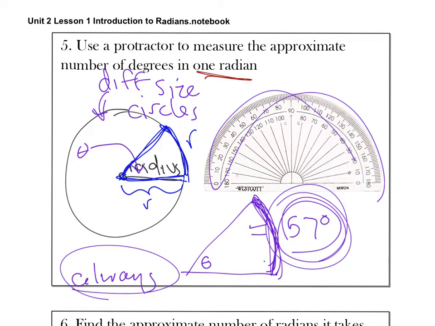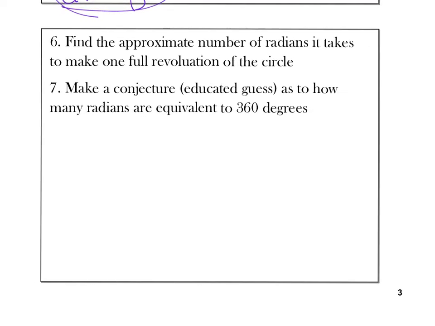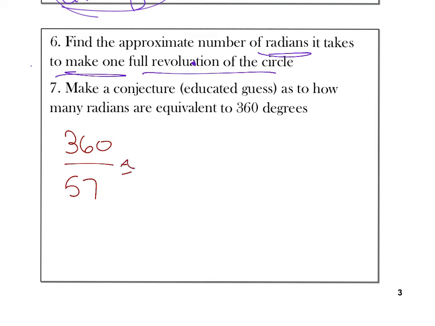When you lay this out, how many radians does it take to make one full revolution of a circle? If you take 360 degrees divided by 57, that's going to be approximately 6.3 radians.